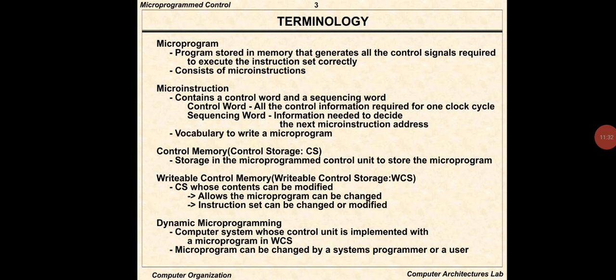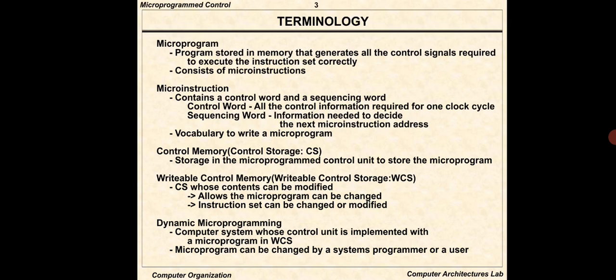Before getting into our actual microprogram control unit, let us discuss a few of the terminologies we are going to use in this microprogram control unit. The first one is microprogram. What do you actually mean by microprogram?